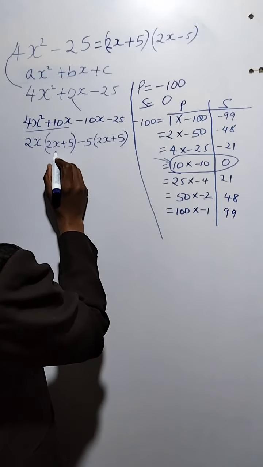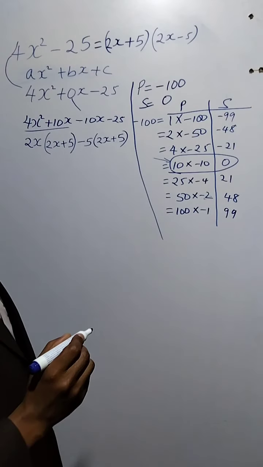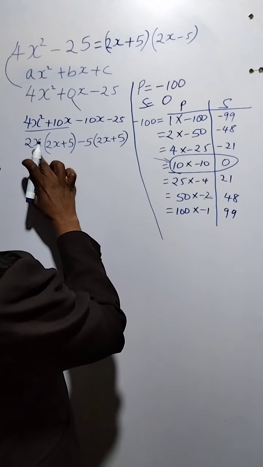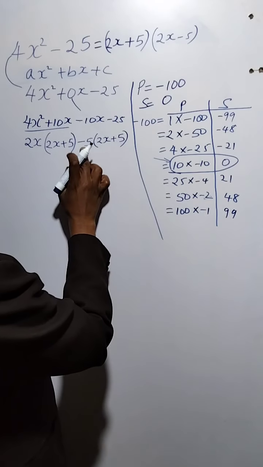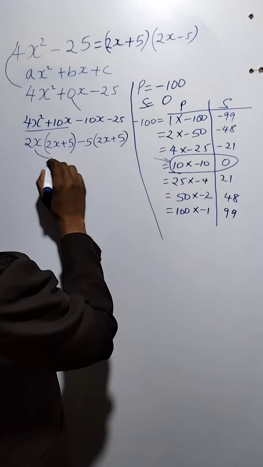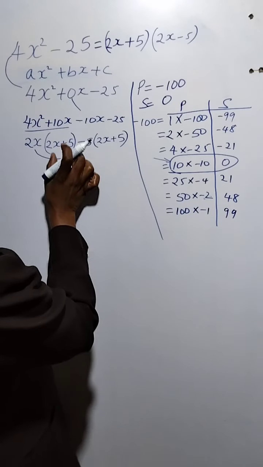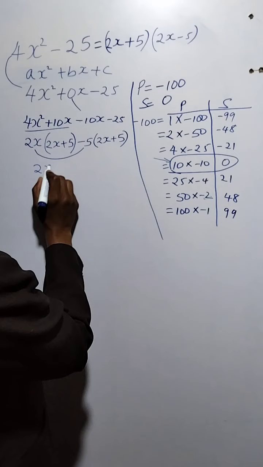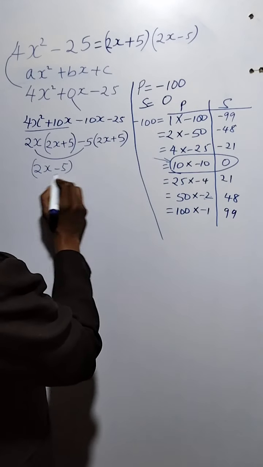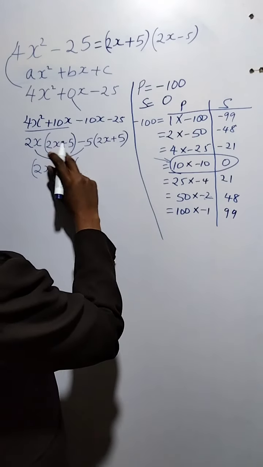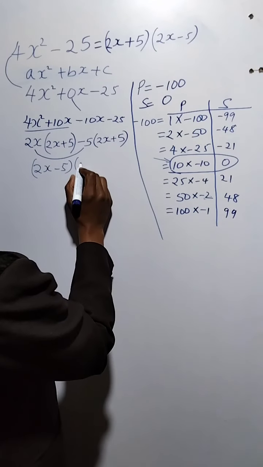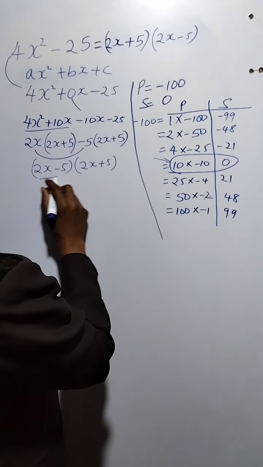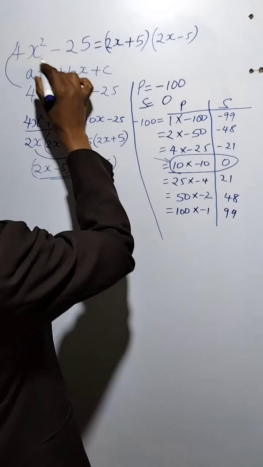So you realize that this bracket and this one are resembling. That is only when it happens that you can use these two to form a bracket. So you can now form a bracket using these two because they resemble each other. That will mean we shall have 2x minus 5. Then you pick one of these common factors here, that is 2x plus 5. So these are the factors of this one here.